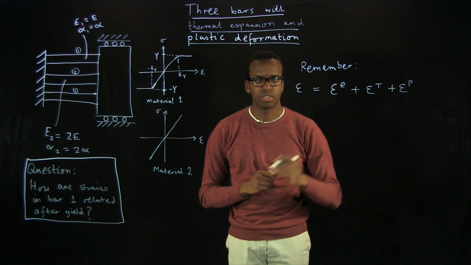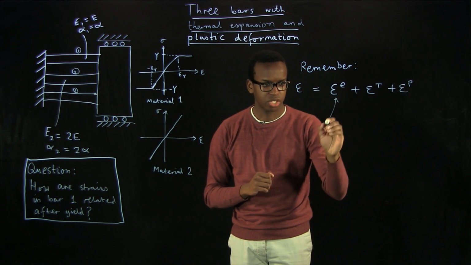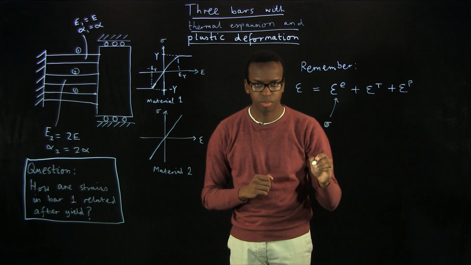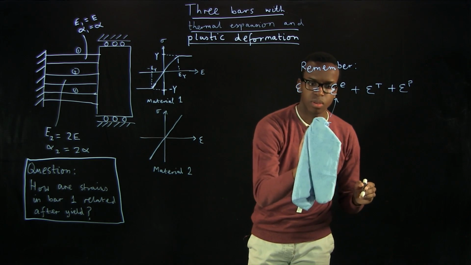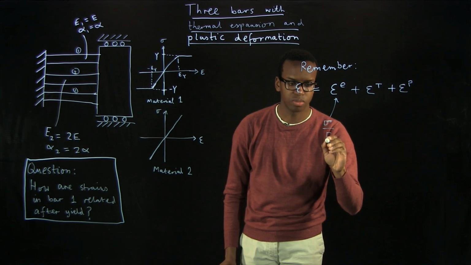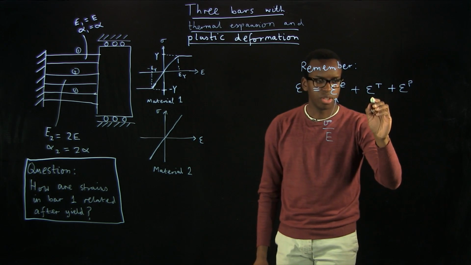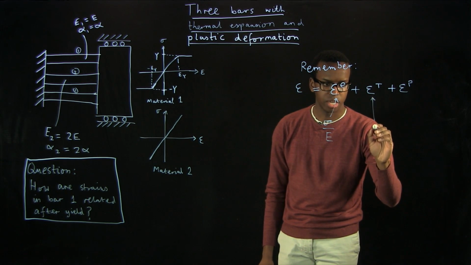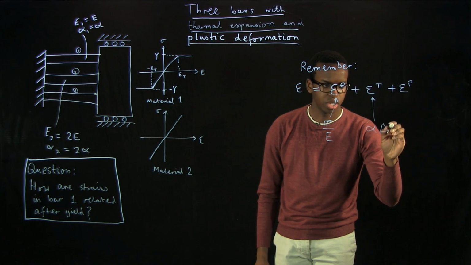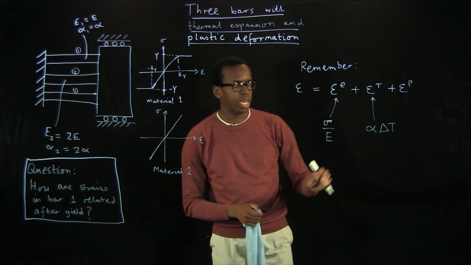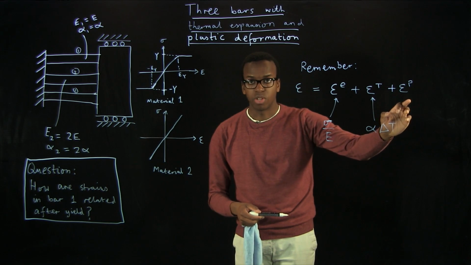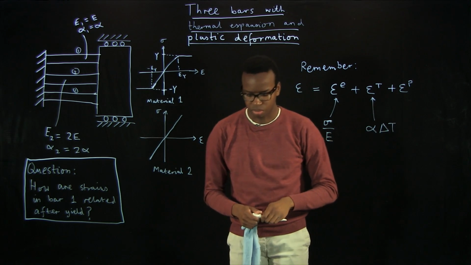And we know from our constitutive relations that the elastic strain is given by our stress, sigma, over the Young's modulus E. We know that the thermal strain is given by alpha, our thermal expansion coefficient, times the change in temperature, and then our plastic deformation is just a number which is what we want you to calculate in the problem.